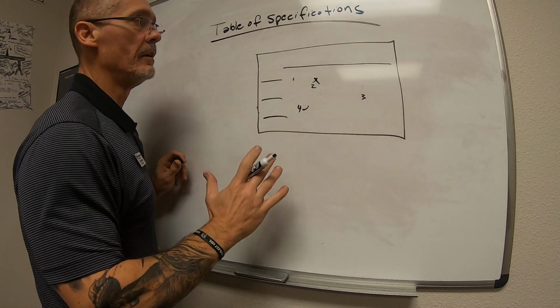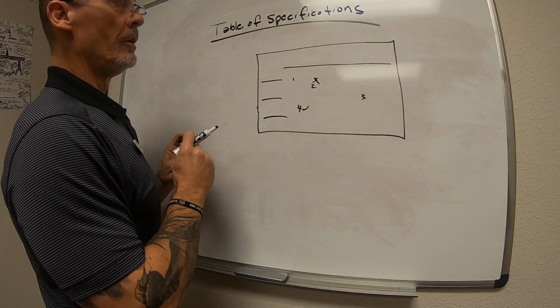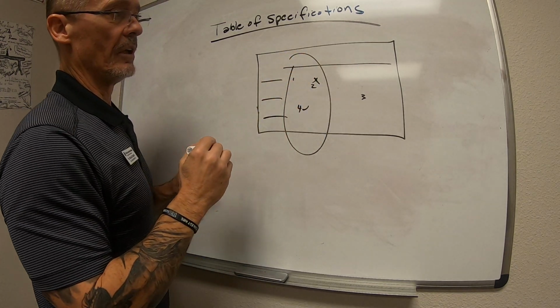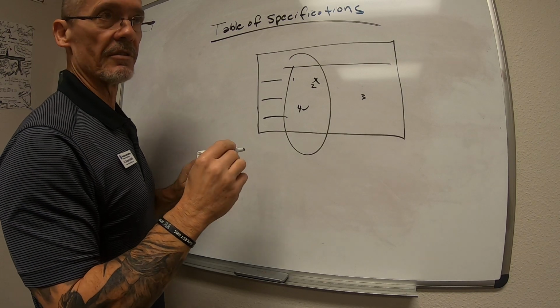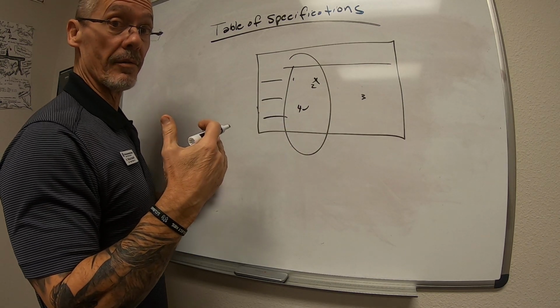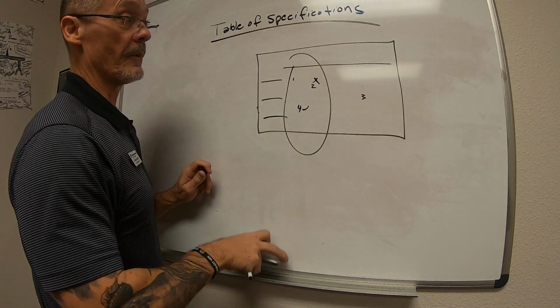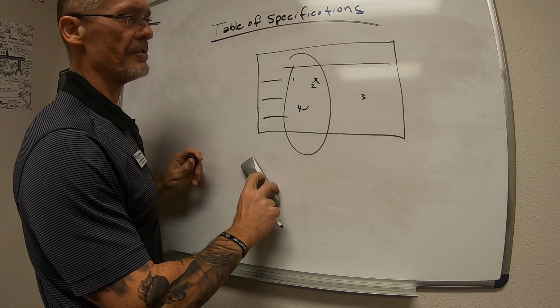And then when you're done, look at it and go, wow, it looks like I'm really focused on lower level Bloom's. That really wasn't my intention. So use it as a self-reflective tool to go back and respond accordingly, okay? Make revisions, those kinds of things.